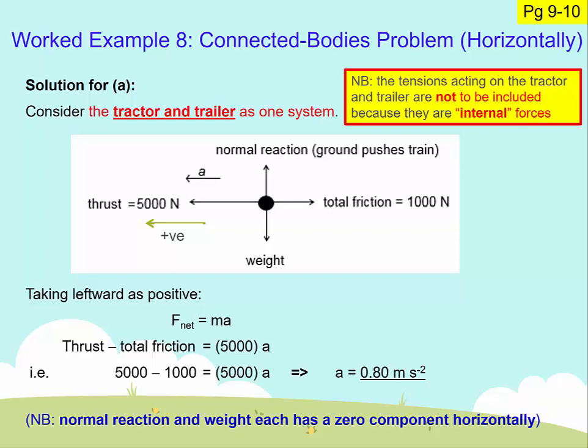Notice we did not use normal reaction and weight in this equation at all because they do not have any component in the horizontal direction, which is the direction of the motion. So they have no contribution in causing the trailer or tractor to move in the horizontal direction.